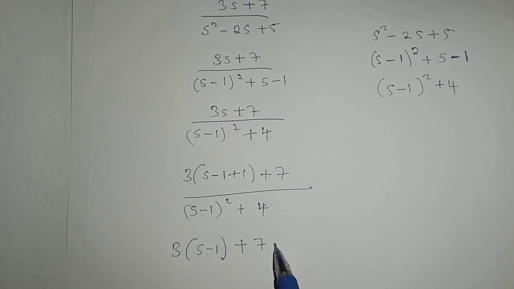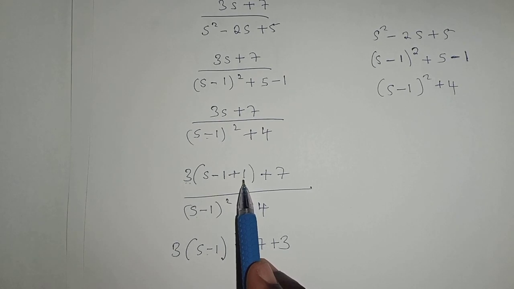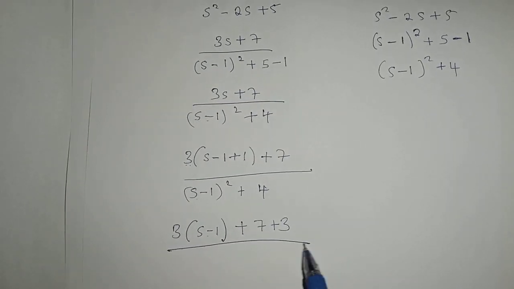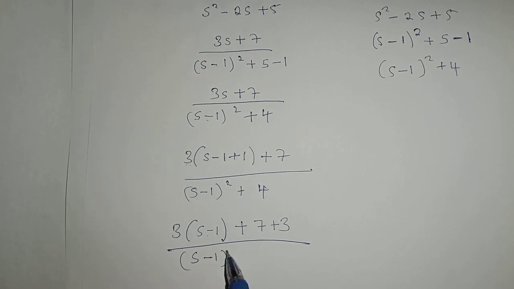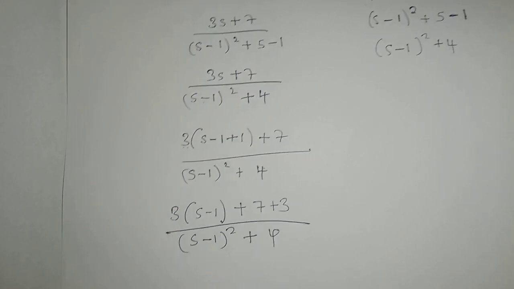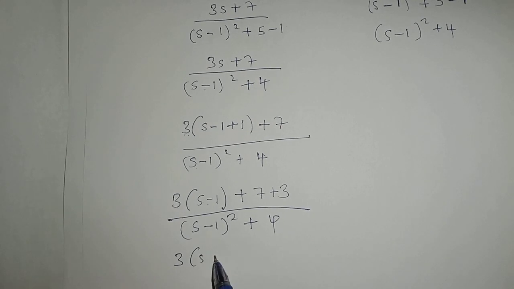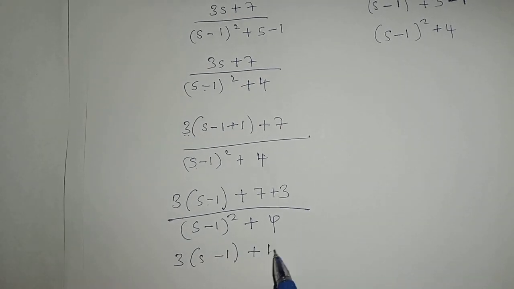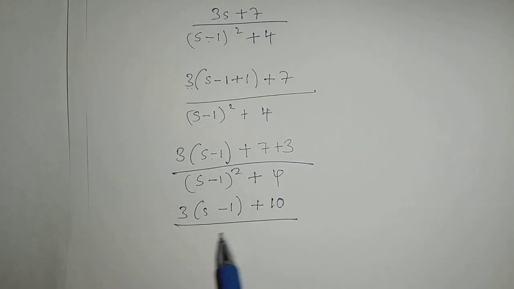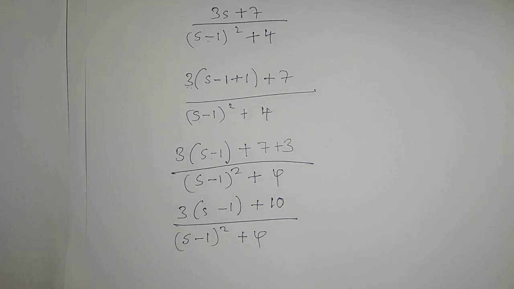So it will be 7 plus 3, because 3 times 1 is 3. Now your answer, add it to the constant so that you don't change the meaning. So the denominator is like this. Maintain it. Thereafter, you can now simplify things. So we have something like this, and the 10 here comes from 7 plus 3. The denominator will look like this, plus a 4.